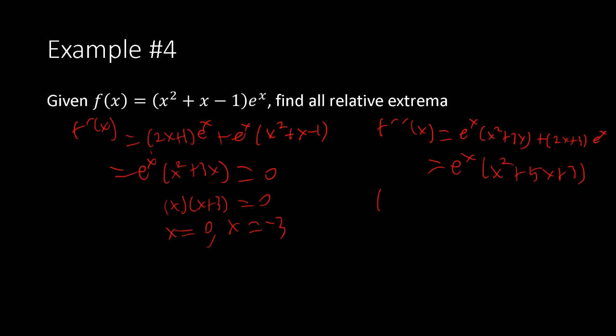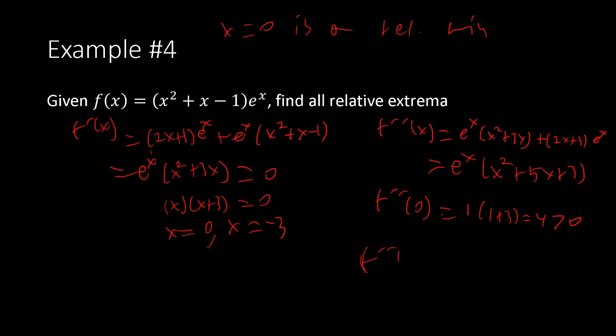Okay, now let's plug that into f prime prime. So f prime prime of 0, that's going to be 1 times (0 plus 0 plus 3), which equals 3, greater than 0. So x equals 0 is a relative min.